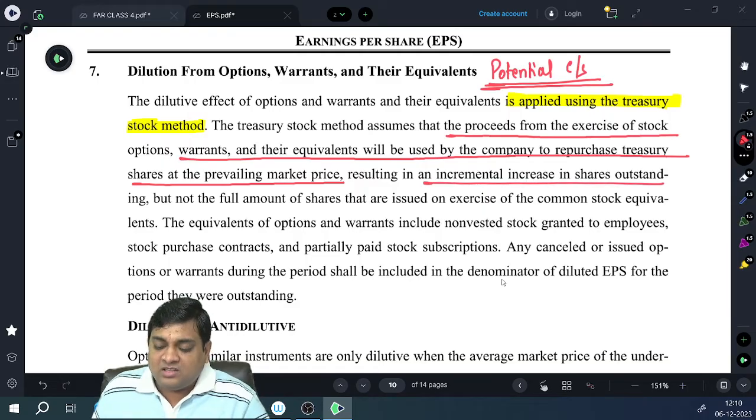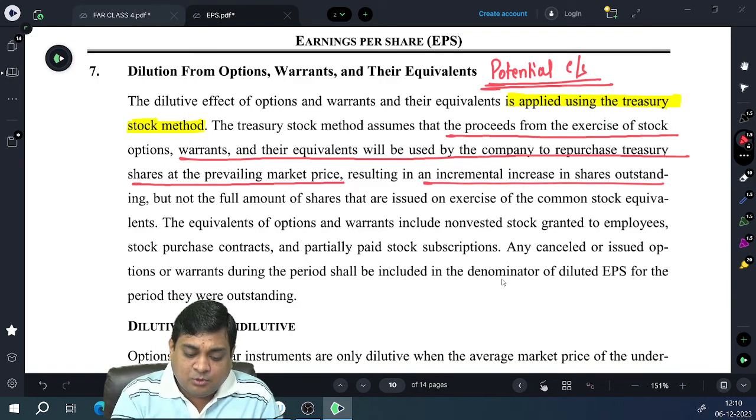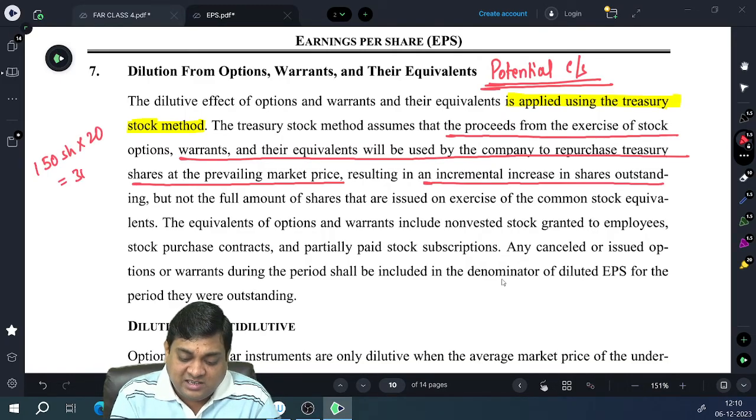right? Now this is very simple. Suppose I have paid money for 100 shares. Suppose I have paid money for 150 shares, right? And 20 rupees is the exercise price. So what is the proceeds collected by the company, right?